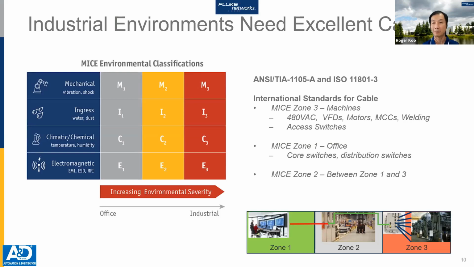They both refer to MICE, where M stands for mechanical, which is flex and vibration, I for ingress, talking about moisture, C is climatic, or temperature, and E is electromagnetic, noise, in layman's terms. Each of these attributes is assigned a rating to indicate the severity of the environmental conditions, 1 for low and 3 for high. MICE standards apply to cabling products supporting all industrial Ethernet protocols.